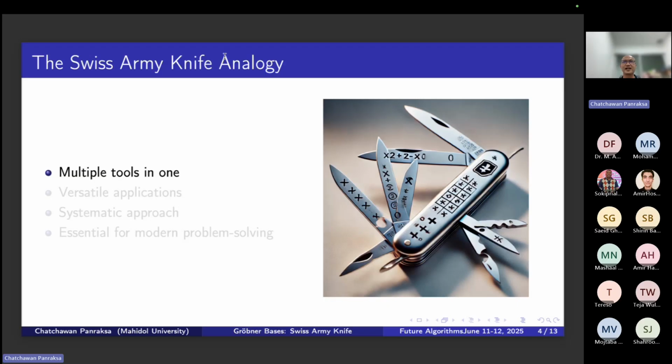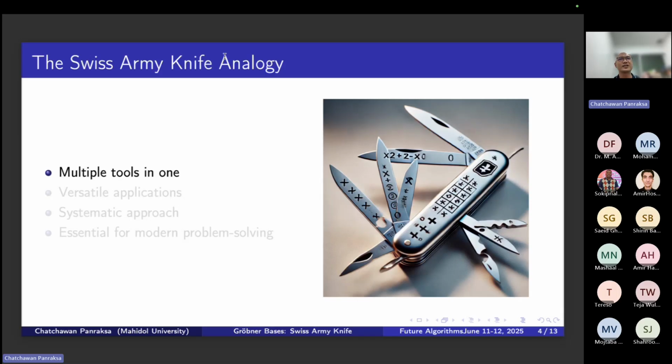Just like a Swiss Army knife packs multiple tools into one compact device, Gröbner bases give us multiple problem-solving capabilities in one mathematical framework. We have multiple tools in one system, versatile applications across different fields, and a systematic approach that works consistently. They are essential for modern problem solving.